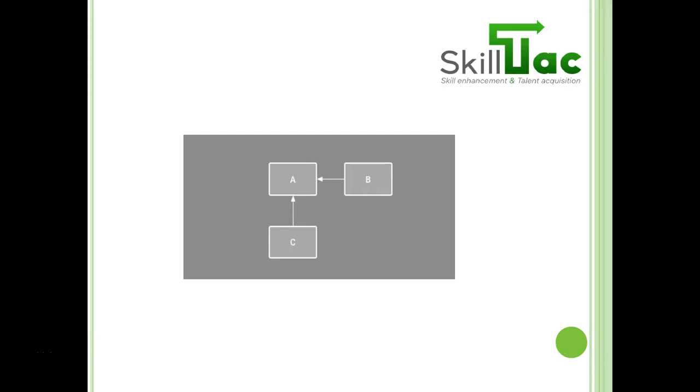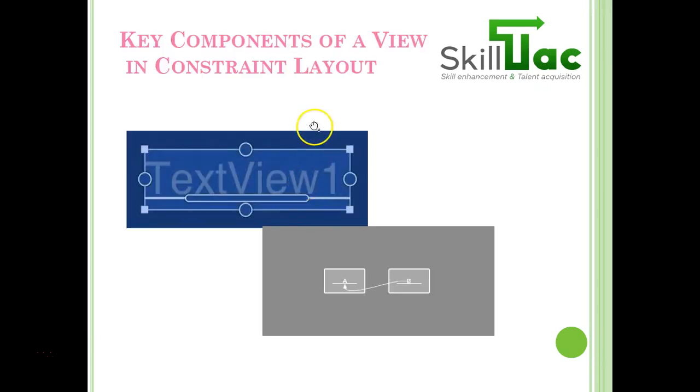For example, if we see here in this slide, we have A, B and C. These are the three views. The left side of the B view is attached to the right side of the A view, and the bottom side of the A view is attached to the top side of the C view. So here we'll use the constraint: top of the C view to bottom of the A view. The view will look something like this.